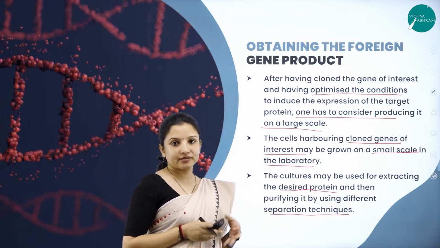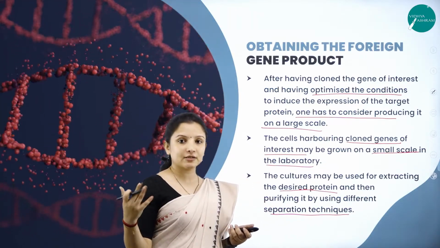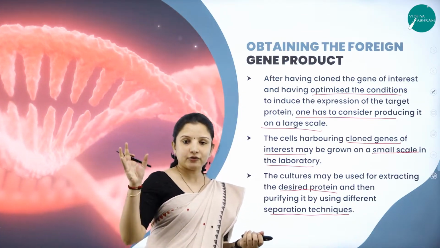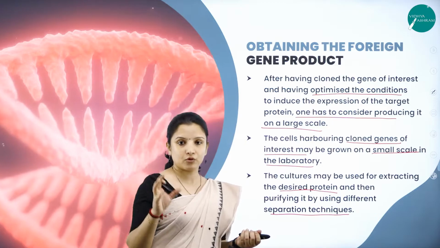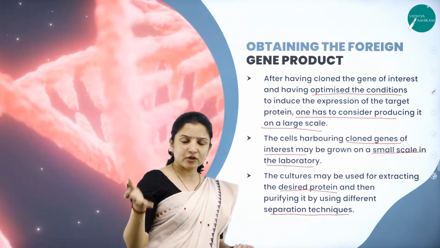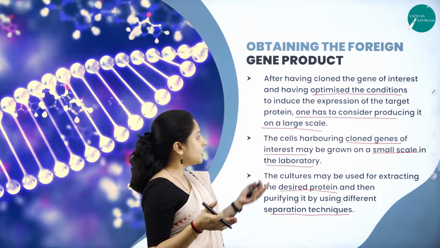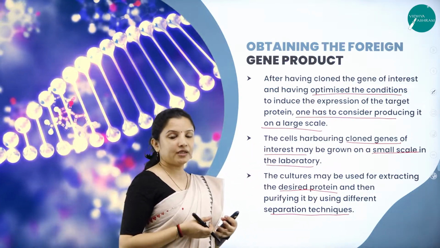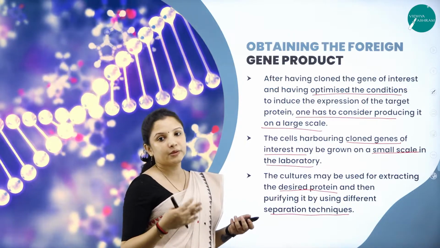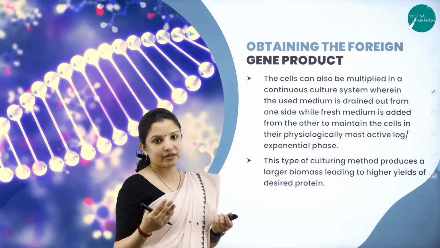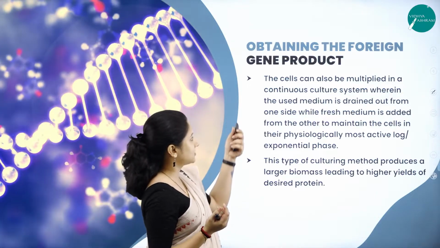How can we increase it? If we leave it in the host organism, will it increase to our desired extent? No. So those cells will be isolated from the host. Why will we isolate the cells? Because those DNA will be carrying the gene of our interest. So they will be cultured properly and multiple copies of it will be produced on a large scale, and the separation will be done by using various separation techniques.